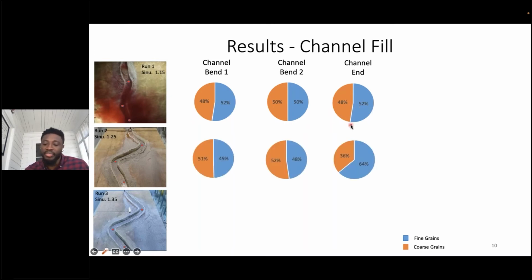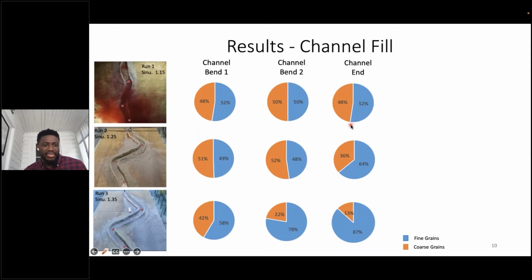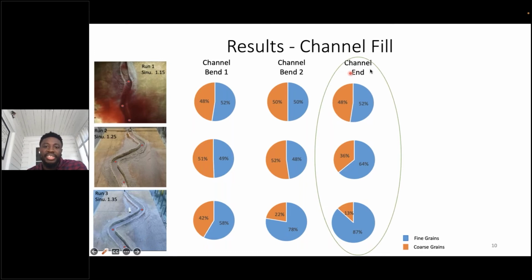So we did this for all our channels, and then we could see a very evident trend in terms of grain size distribution and sorting. The samples that we collected from the channel end for all our channels show that as sinuosity increases, and sinuosity is increasing downward, there's progressively more fine-grained sediment deposited.